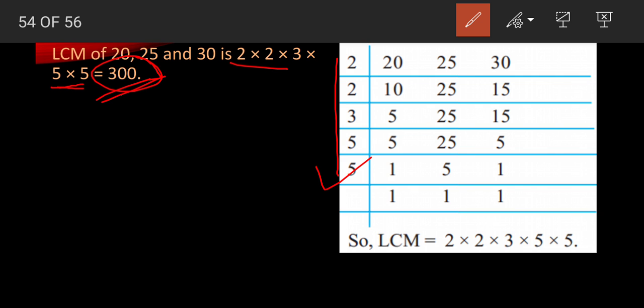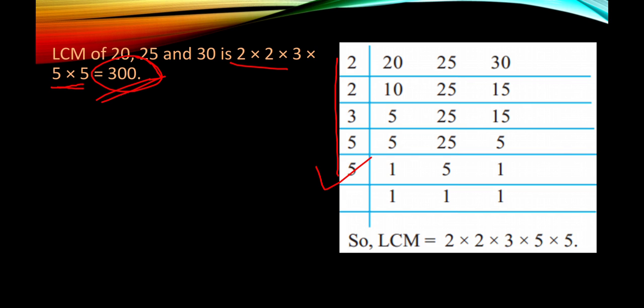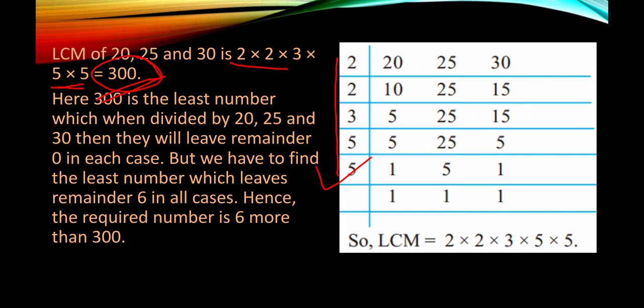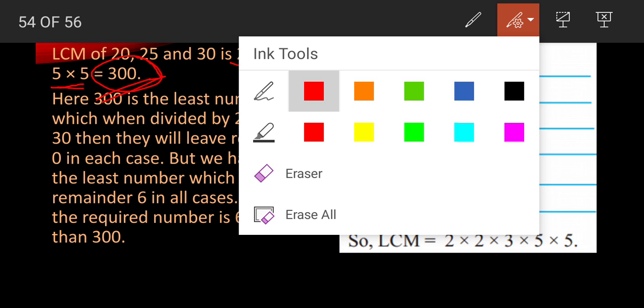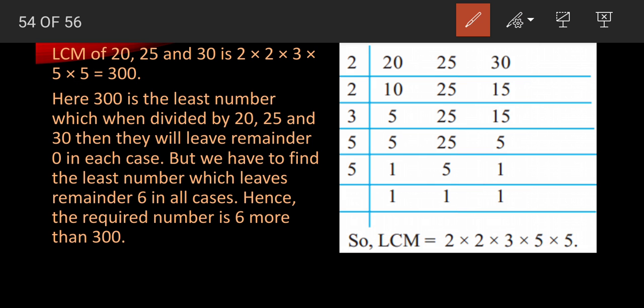So we can say that 300 is the least number which is divisible by all these 3. The next step is, we have to find the number which is divisible by all these 3 and also leaves the remainder 6. So here 300 is the least number which is divisible by 20, 25 and 30.